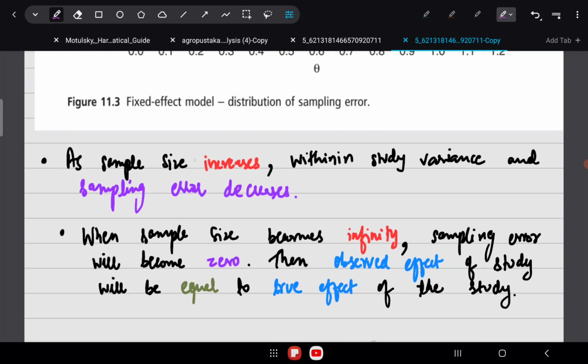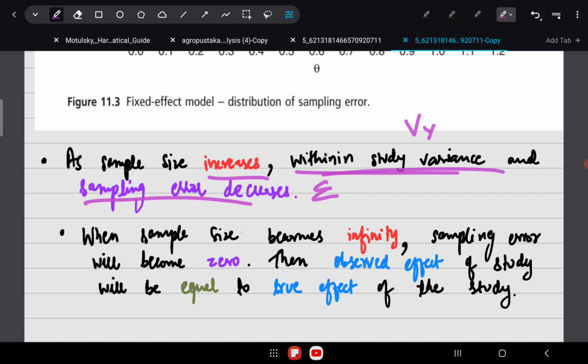As sample size increases, the within study variance, which we will denote in future by Vy, decreases. This within study variance depends on the sample size of the study, and the sampling error, denoted by epsilon in the diagrams, will also decrease.